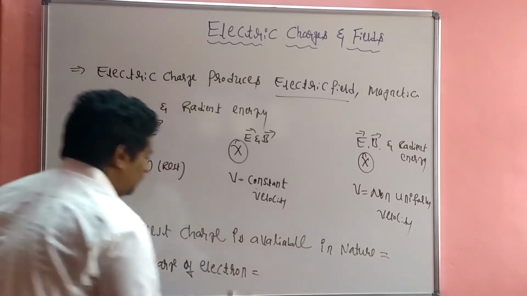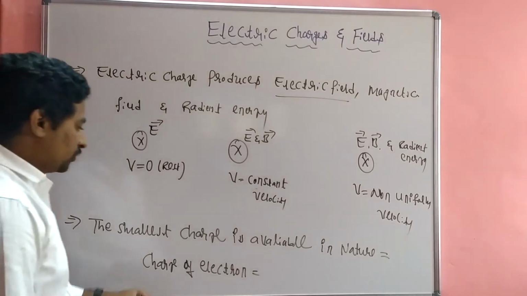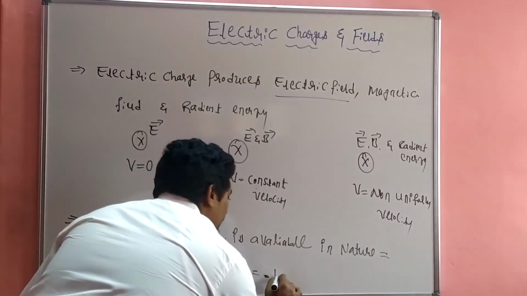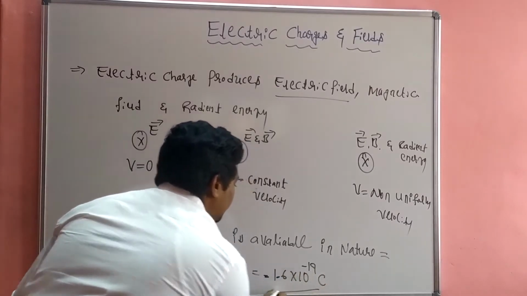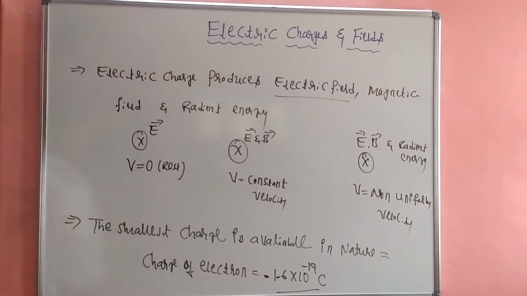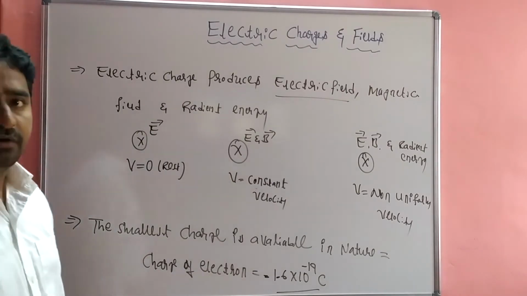How much? The value of the charge of electron is equal to minus 1.6 into 10 to the power of minus 19 coulomb. So this is the charge of electron.